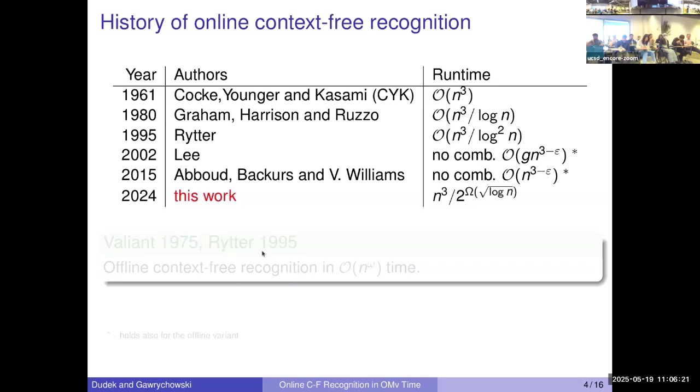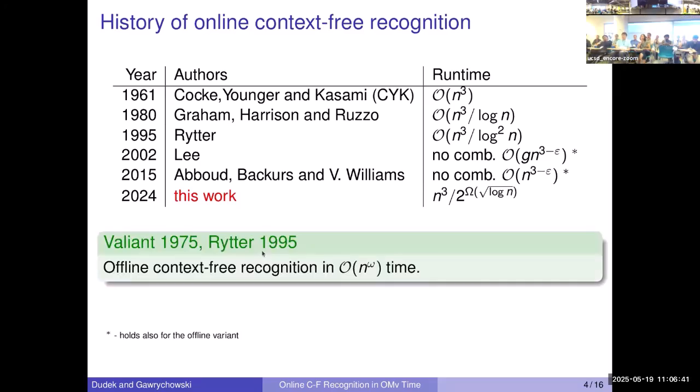In this work, we will show an algorithm that runs in n cubed divided by 2 to the omega of square root of log n. This is better than shaving any number of logarithms, but worse than any polynomial, so it's still worse than n to the 2.9999.